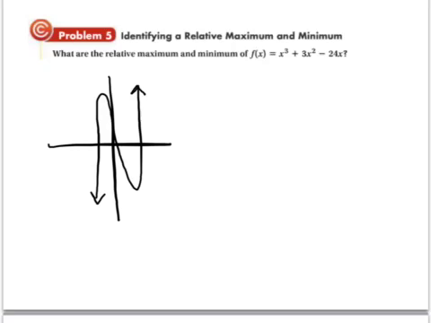You're going to end up with a cubic function that's pretty tall and skinny. You don't have to factor for this. You're identifying the max and the min. So all you're doing right now is putting it into Quick Graph to look at the graph.